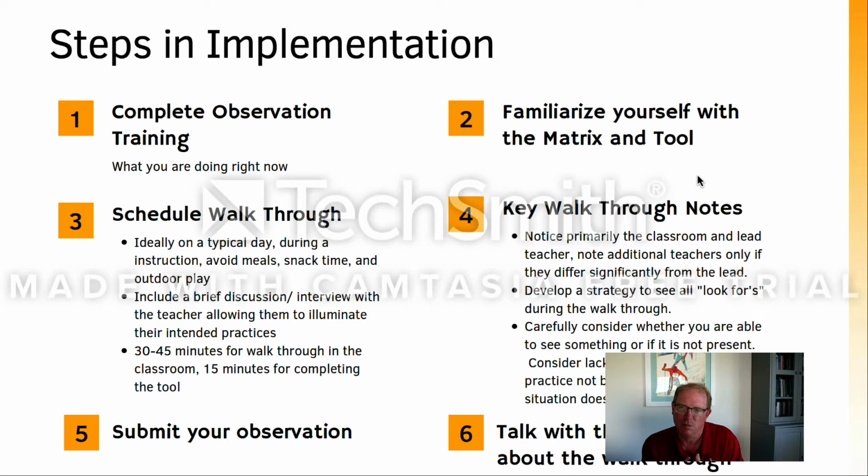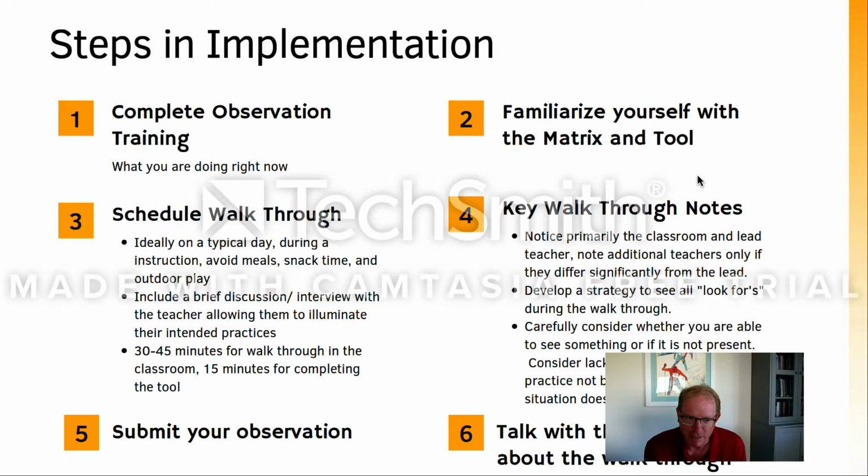Step two is to familiarize yourself with the matrix and the practices we're looking for as part of the walkthrough. So you really want to familiarize yourself with the ideas and the tool itself. And then third is to actually schedule those walkthroughs. Think about scheduling them on typical days, not unique days.